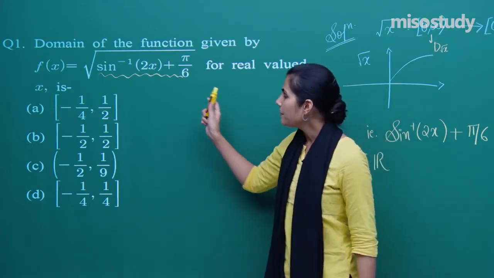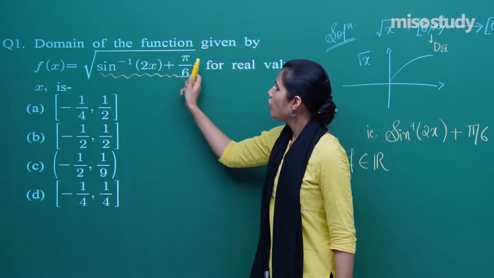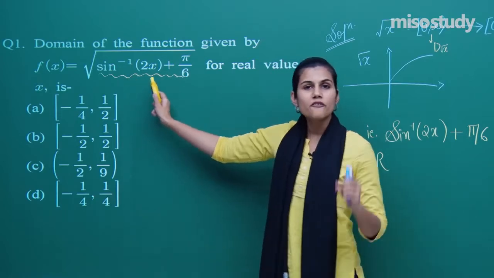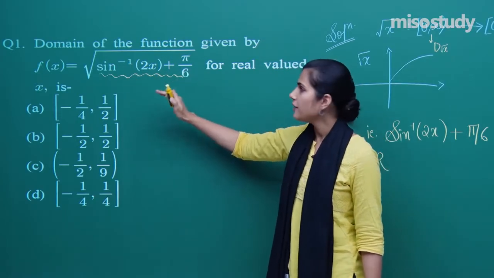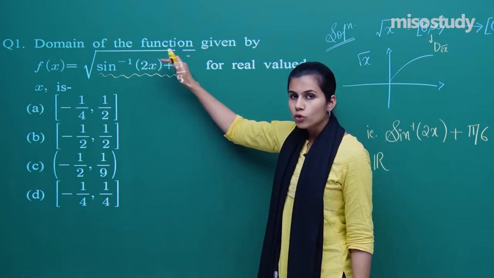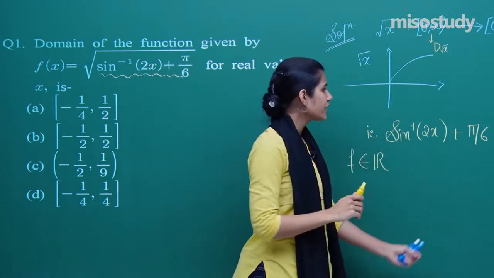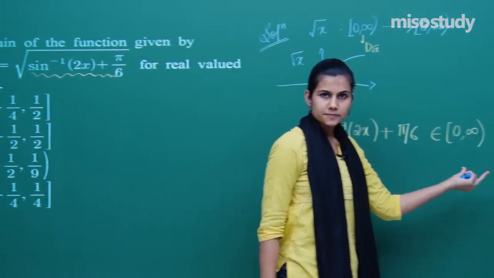And that can only happen when under root of this expression is valid, and this is valid only when the input of the root function belongs to 0, infinity.